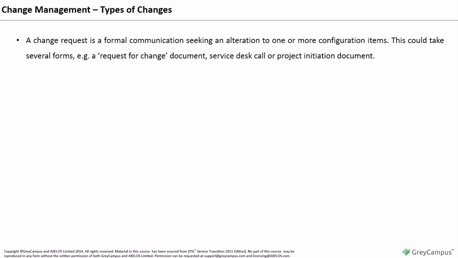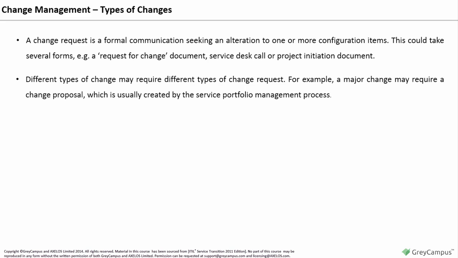Change management, types of change. A change request is a formal communication seeking an alteration to one or more configuration items. This could take several forms, e.g., a request for change document, service desk call, or project initiation document. Different types of change may require different types of change request.